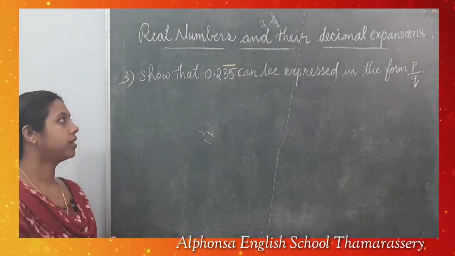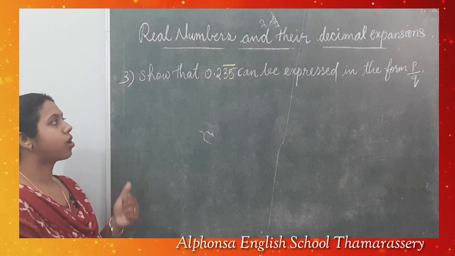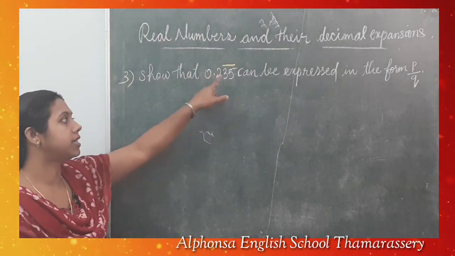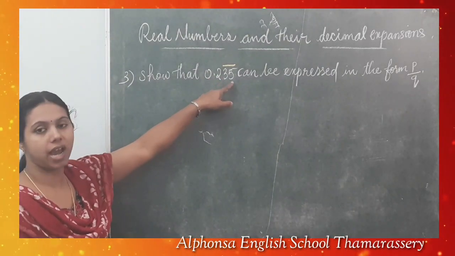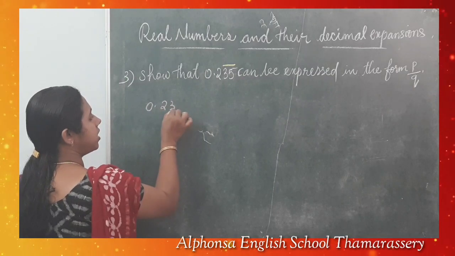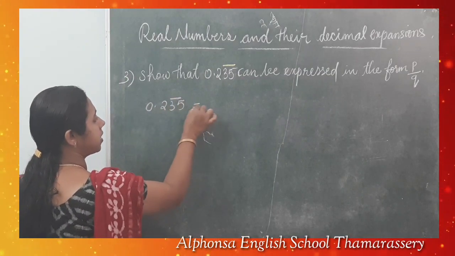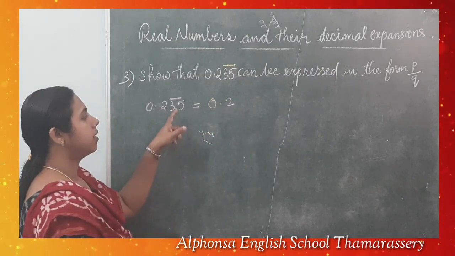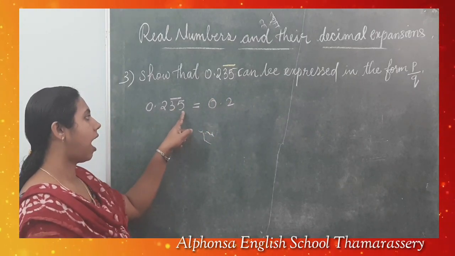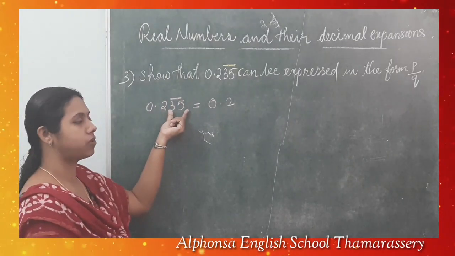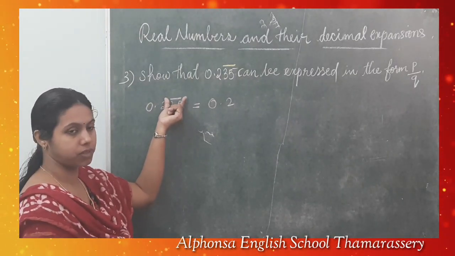And this question, show that 0.235 bar. Bar indicates only the digits 3 and 5. That means 0.235 bar is equal to 0.235, with the digits 3 and 5 only repeating, because the bar indicates only these two numbers.